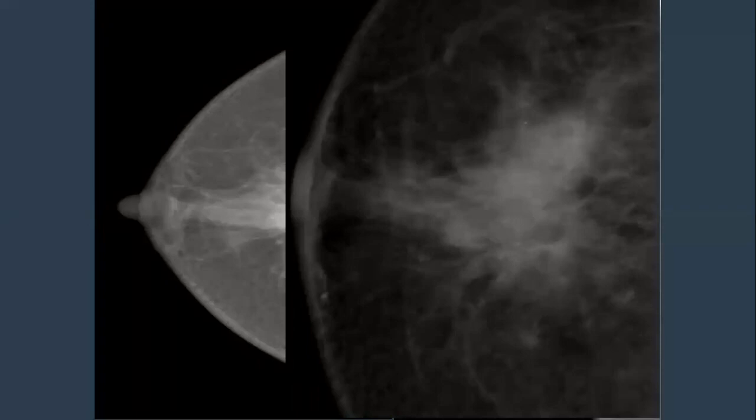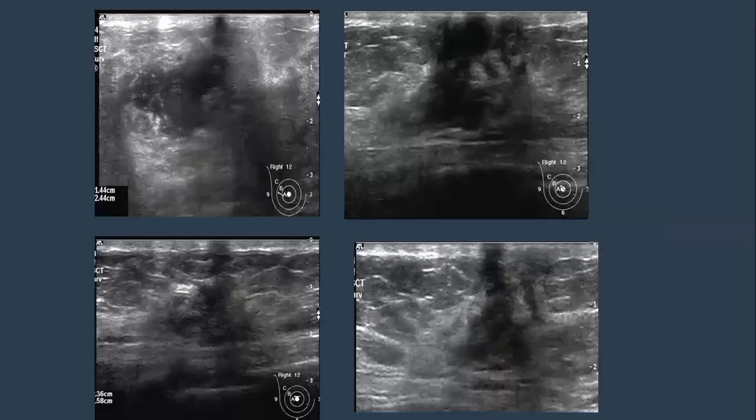Only architectural distortion? No. There is a spiculated mass. There is a mass, yes. There is an irregular mass with extensive architectural distortions, yes.